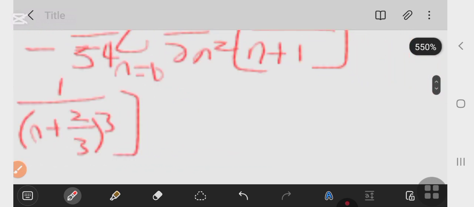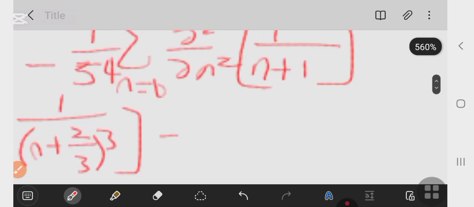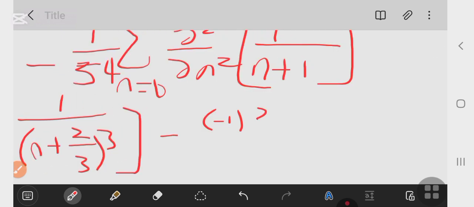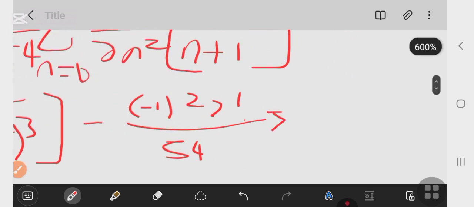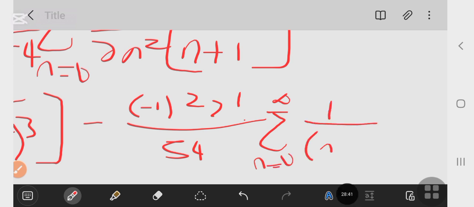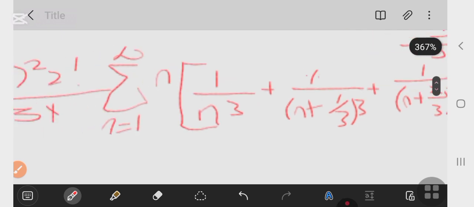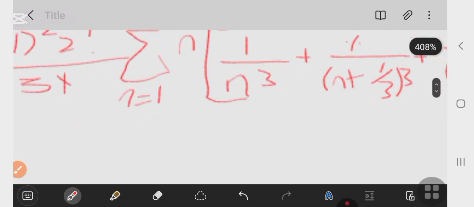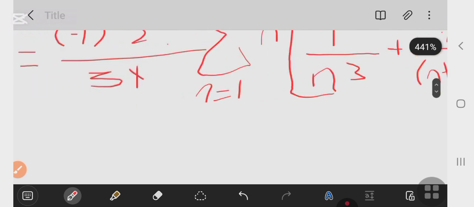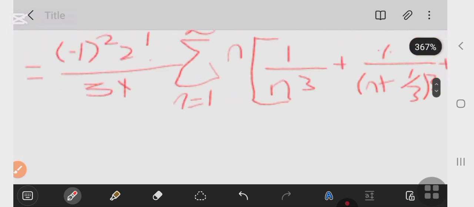then for this one I have minus 1 square 2 factorial all over 54 all into the sum to infinity of n from 0 all into 1 over n plus 1 cube. Okay, so now I'll just bring out the sum for all of them.